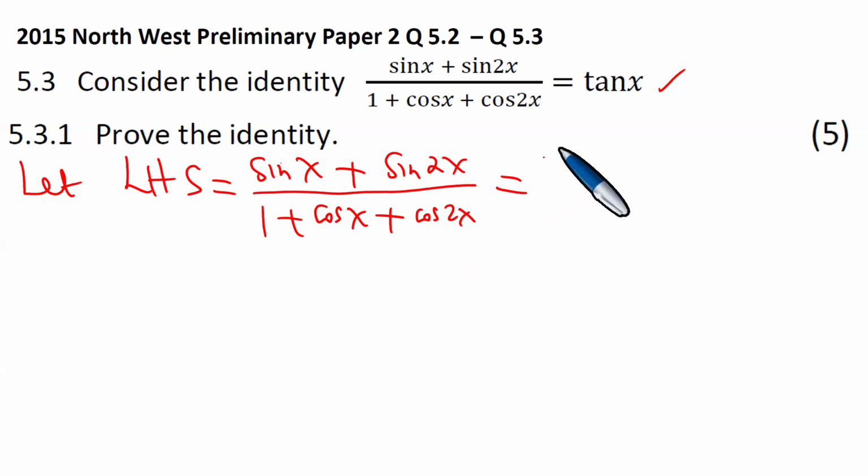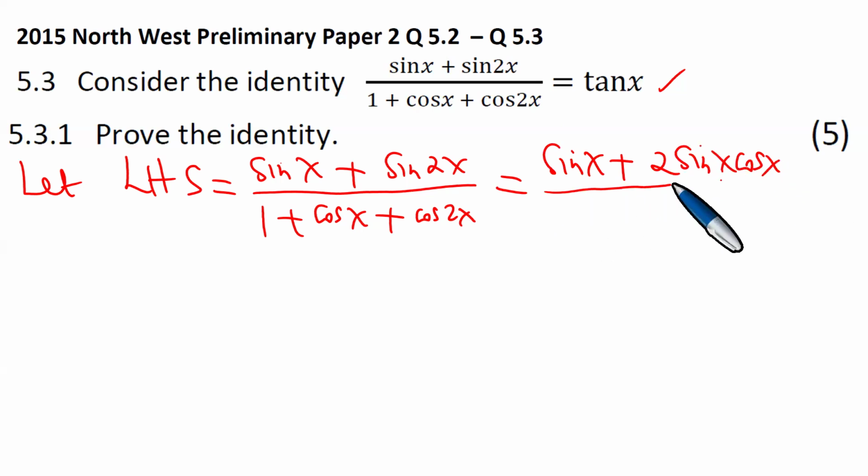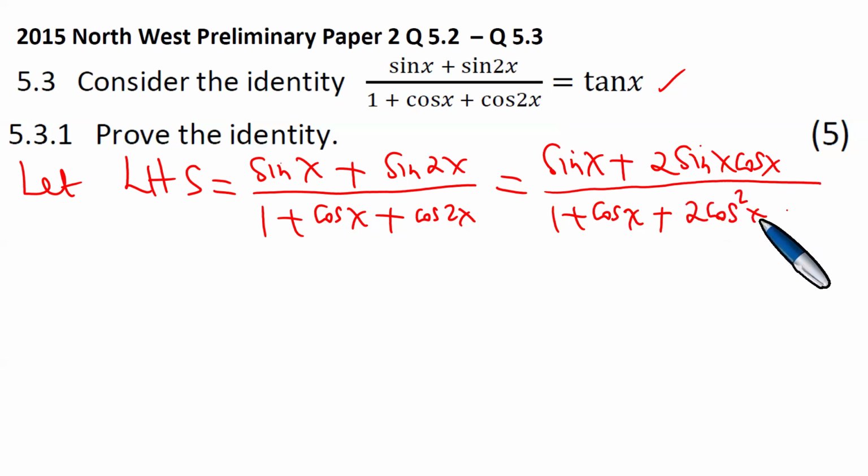Very well done. So we have sine x plus, so the sine 2x would be 2 sine x cosine x, all divided by the denominator. Let's look at the denominator. Because there's a cosine 2x in the denominator, you can write it as 2 cosine squared x minus 1.